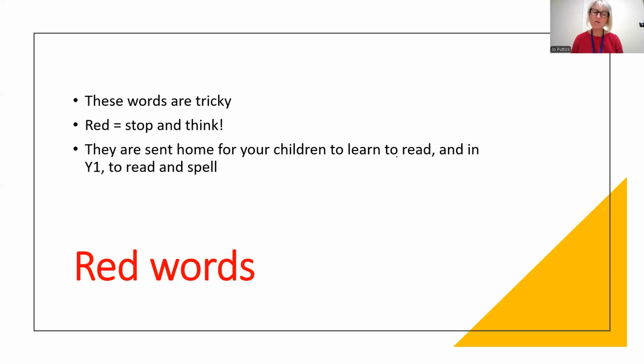So we teach them using the colour red so that they just need to remember to stop and think that part of that word might be tricky. We send these home for your children to learn to read, and in year 1 for them to be able to read and spell.